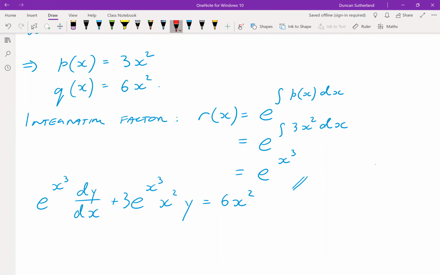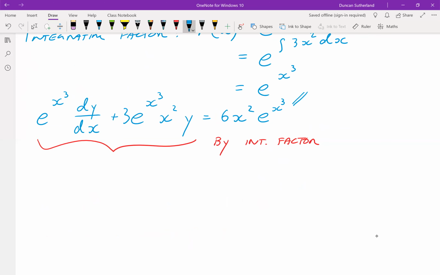And now we use the integrating factor's property that, by the property of the integrating factor, this left-hand side becomes like so.